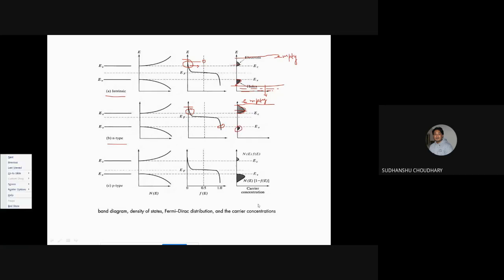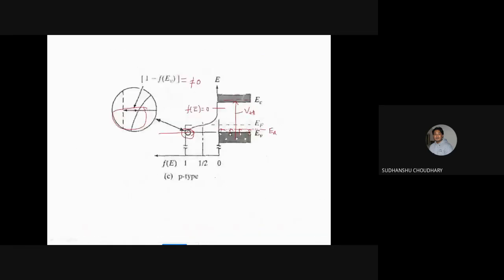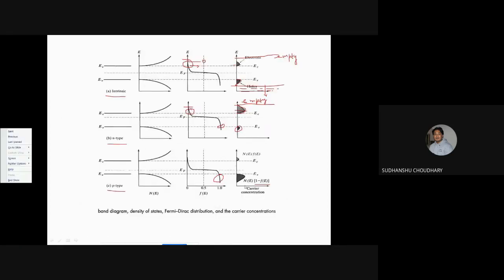Similarly for a p-type semiconductor, we again see that this 1 minus Fe is somewhat larger in this region compared to the intrinsic semiconductor. So I expect that the hole concentration in the valence band will be much larger than the electron concentration in the conduction band.